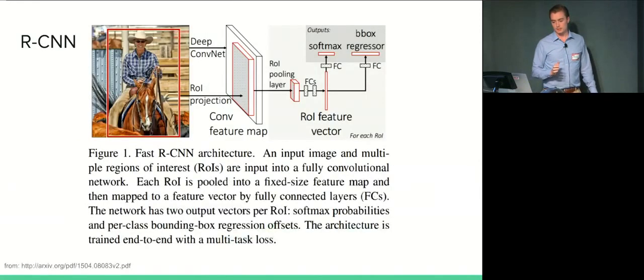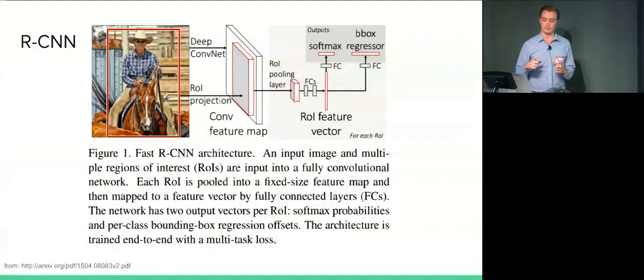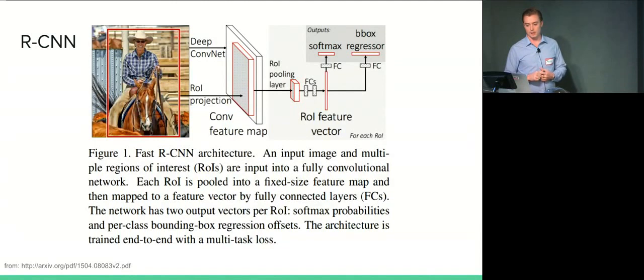The RCNN architecture on top is a little bit different than the one that was shown before. Because these have variable sized boxes, you can rescale them, but that will make it harder for the algorithm to find what the object is in there. So they do something called ROI pooling, where they take the region of interest, the ROI, the proposal that was output from the previous convolutional net, and then have a fixed size max pooling.